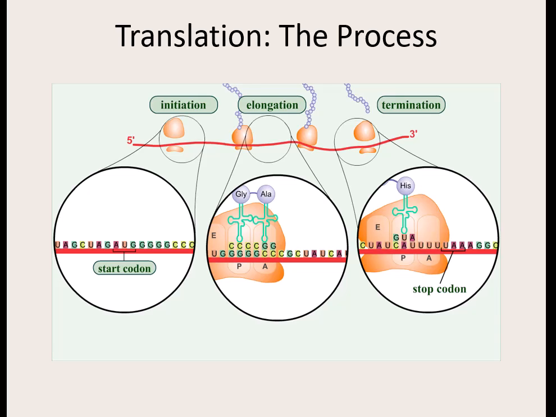So I always think A is for amino acid. It's just entering and starting to get read. The P is for polypeptide. It's where it's stringing amino acids together, the little peptide bond that it forms there. And E is for exit. These things are now going to exit the ribosome. It spells ape, but backwards.